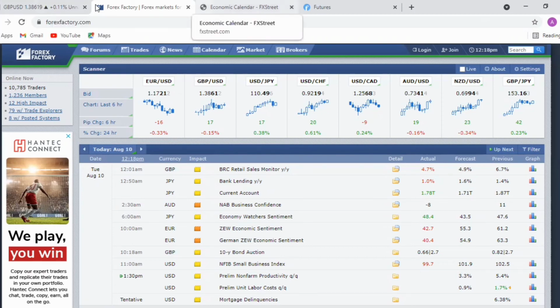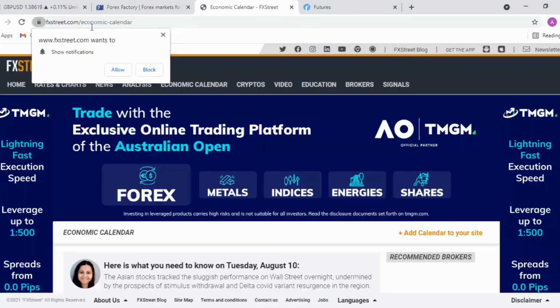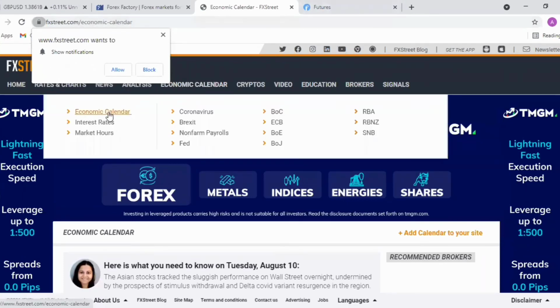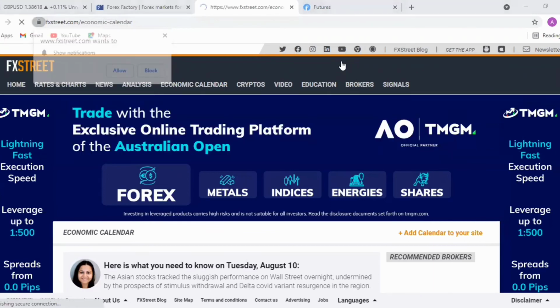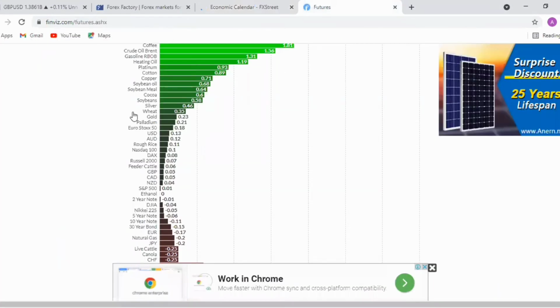So you can use Forex Factory and go down to the economic calendar. And then what I usually do is I come down to finviz.com and check on what I am trading and see which of the currencies is stronger.